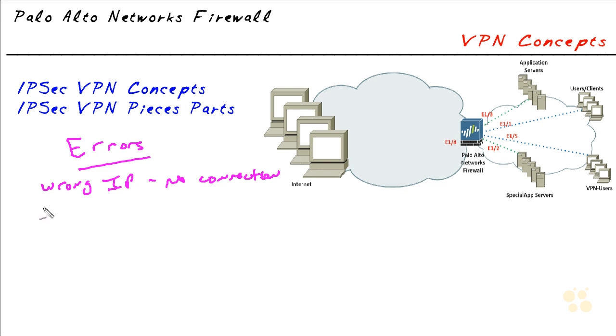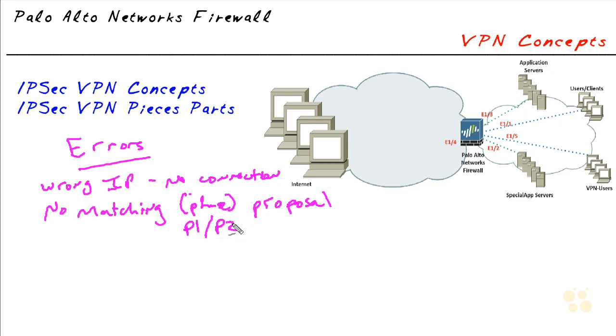I may also have, really, this could be phase 1 or phase 2, but we'll just call it no matching proposal. Okay, and this could be, like I said, a P1 or P2, and it'll specify which of them in there. But basically, remember those things that all must match? Well, if they're not, this is the error that I'm going to get in there. Okay, so that's kind of the idea in here.